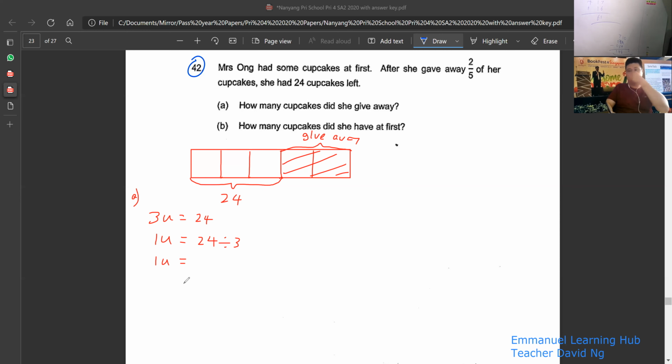Not 6, huh? Your multiplication timetable. You haven't memorized your multiplication timetable enough. What is 24 divided by 3?